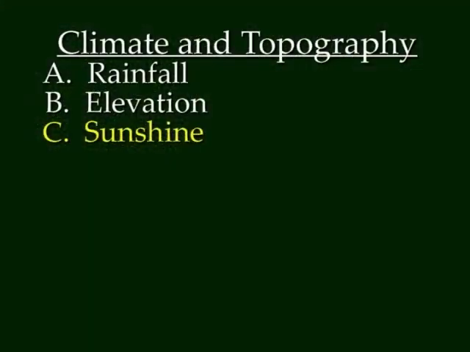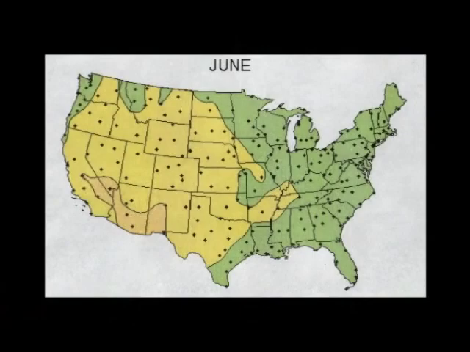Now the next category under climate and topography is sunshine. We all know that sunshine affects our health positively for the most part, and also our mental health. But you know, it also affects our ability to generate electricity from the sun. Let's go to the average daily solar radiation map for June. This map shows that the most solar radiation is represented by the beige-colored area.